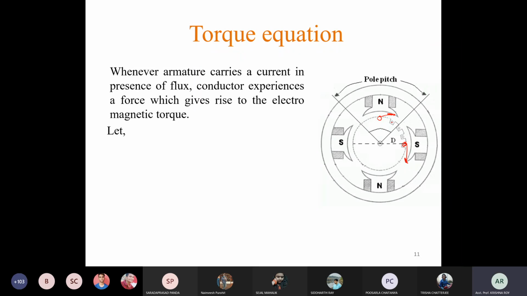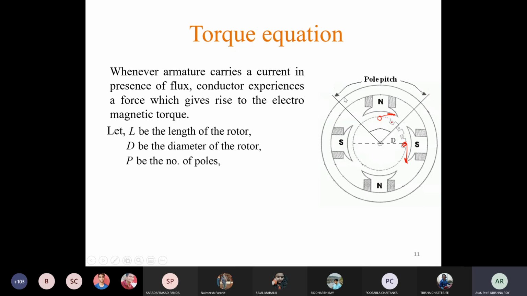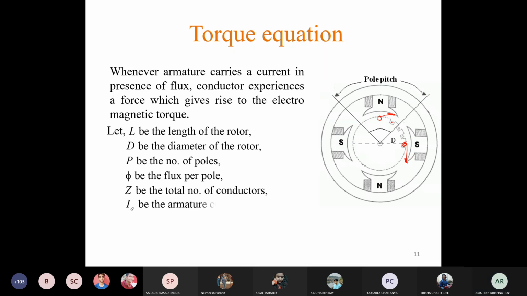The machine parameters we have already assumed. L will be the length of the rotor, D the diameter, P the number of poles, phi the flux per pole, Z the total number of conductors, and the new parameter is IA, that is the armature current. Because in case of force calculation we will be using the formula BIL.